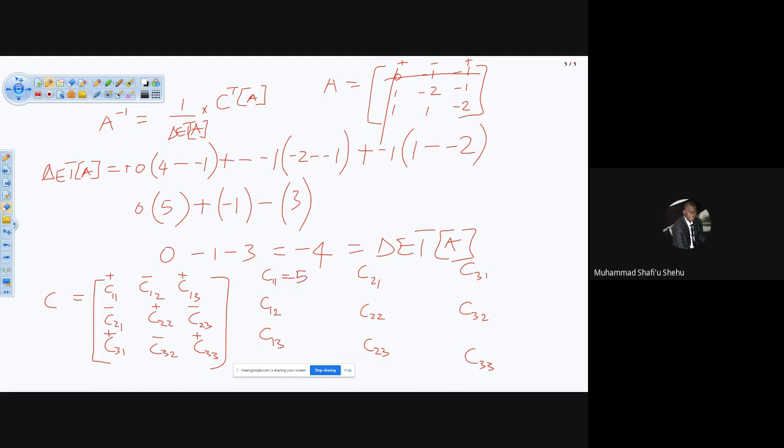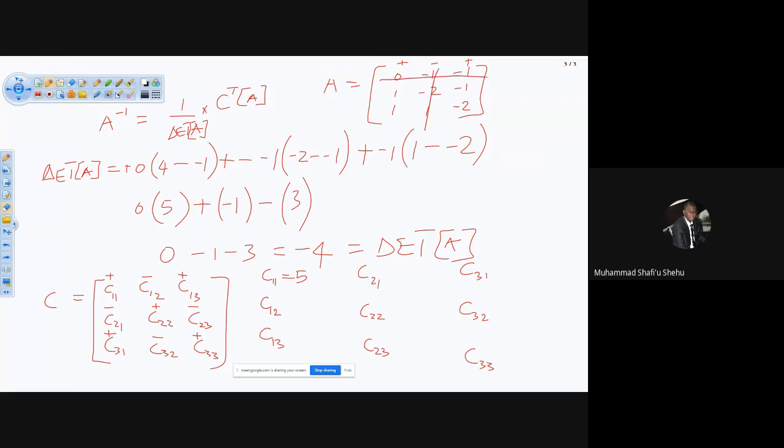Then matrix 1, 2, which is row 1, column 2.